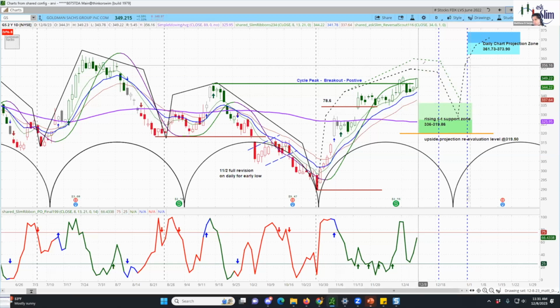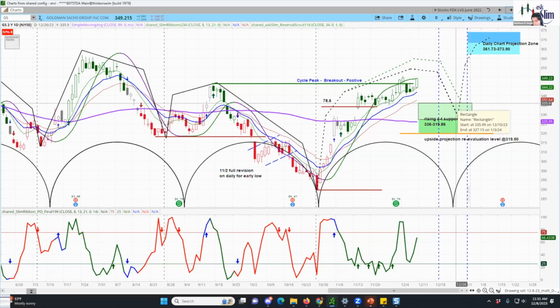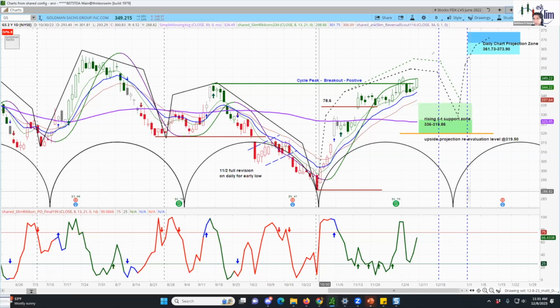Now, similar to the team, we're also coming into that late peaking phase where a pullback is likely. And looking at it being a rather shallow corrective period, getting into maybe the 23.6 to the 38.2 from that swing low up to that peak, and then looking at those being potential entry areas.